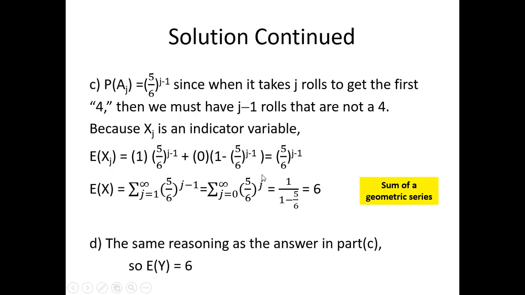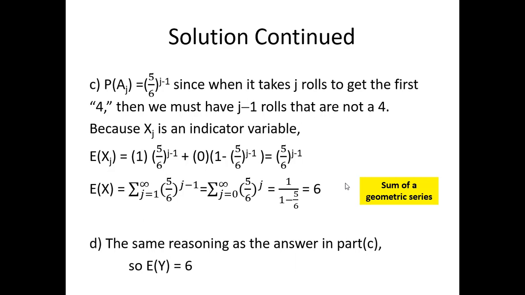And we know there's a nice formula for geometric series, 1 over 1 minus the base term. You might know this as a in a lot of formulas for sums of geometric series. So 1 over 1 minus 5/6. Well, the denominator would end up being 1/6, and 1 over 1/6 is 6. And there you have it. That is the expectation of X.